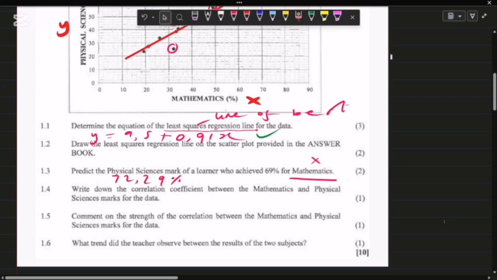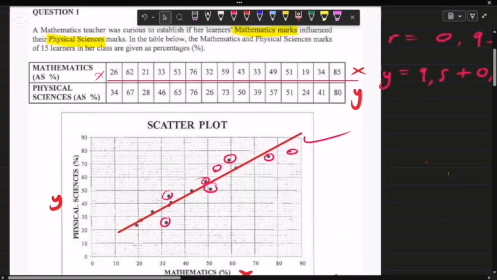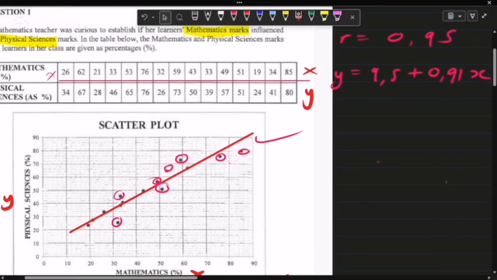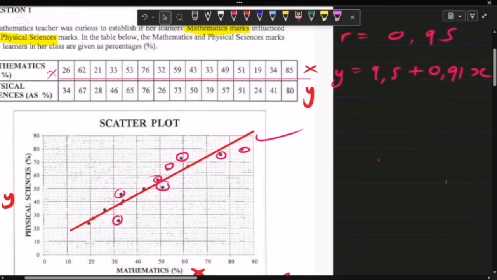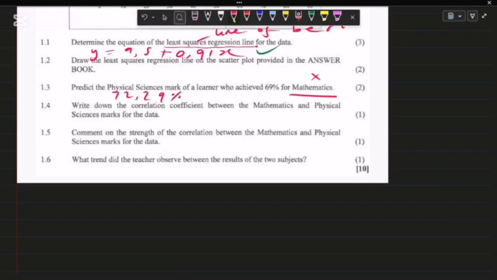1.4, they say to write down the correlation coefficient between the mathematics and the physics marks for the data. Now, we did this already in our previous session. We saw that R, or the correlation coefficient, is 0.95. Okay, R is 0.95. And then they ask us to comment on the strength of the correlation.